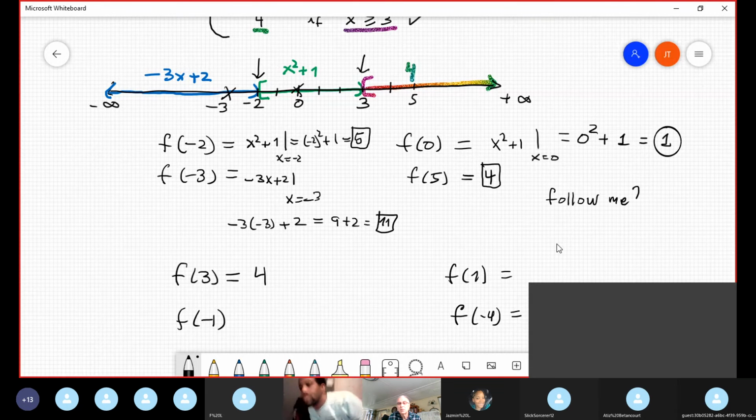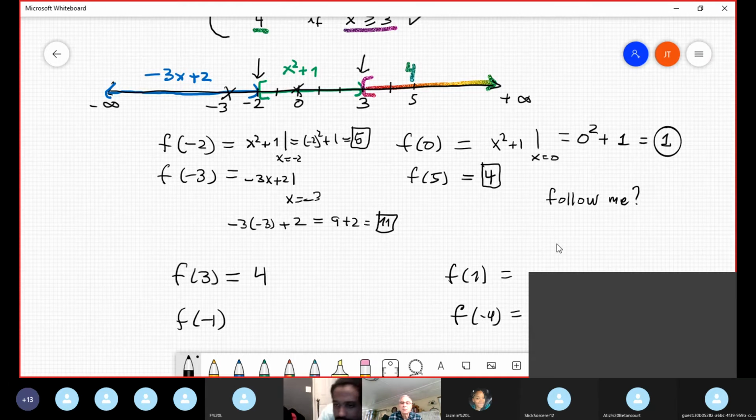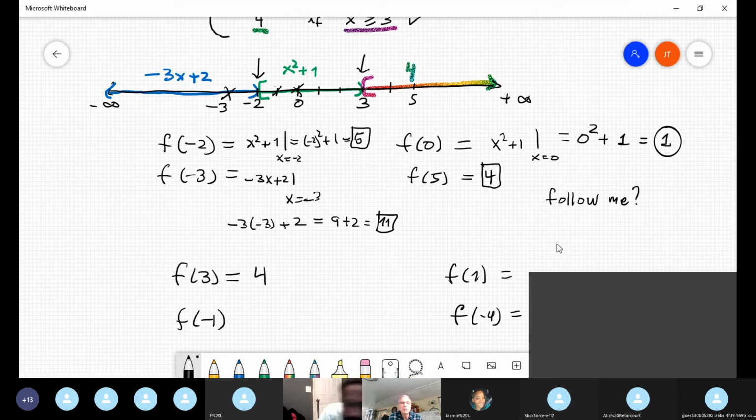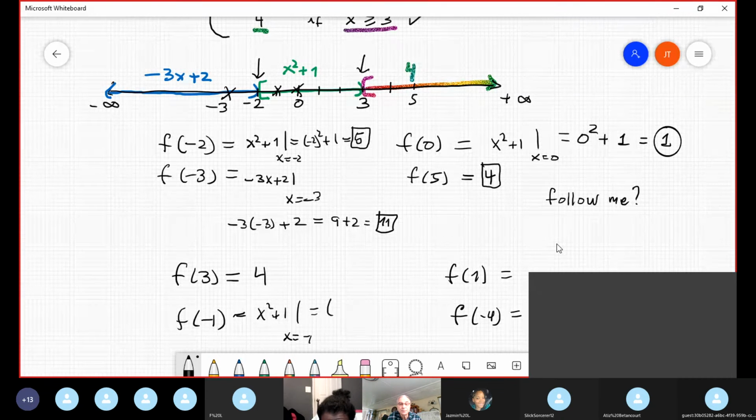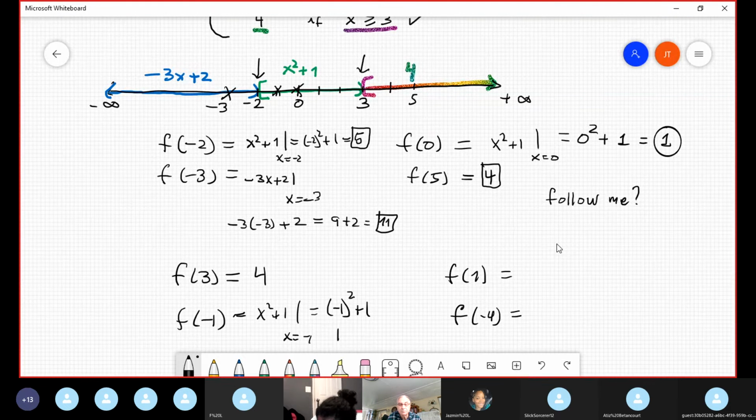Yes, good. Negative 1. Well, negative 1 is here. And negative 1, I select this expression, which is x squared plus 1. And you plug in x equals minus 1. Okay, so negative 1 squared plus 1. Negative 1 squared is positive 1, no?